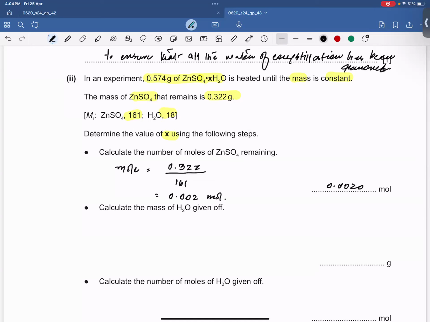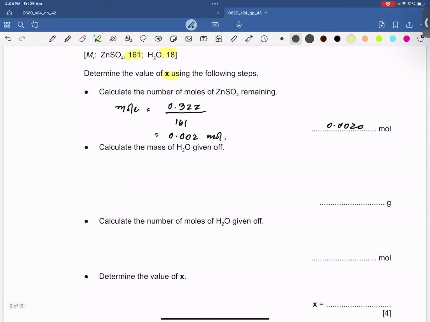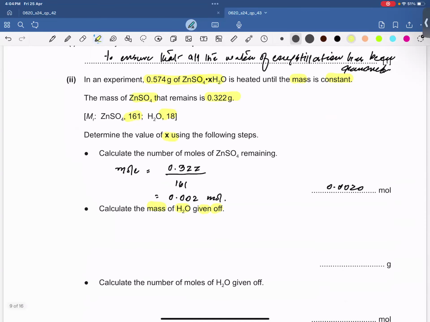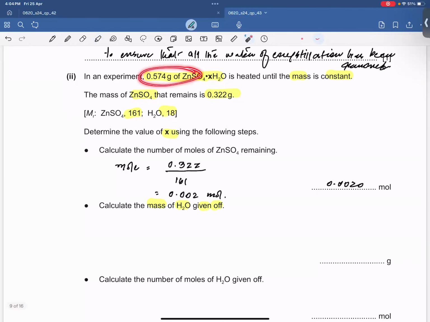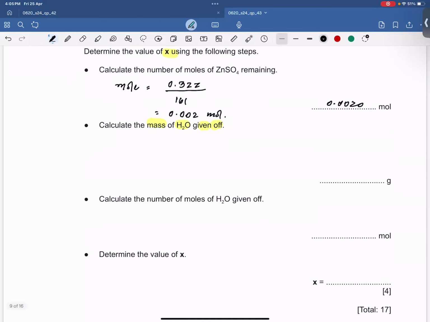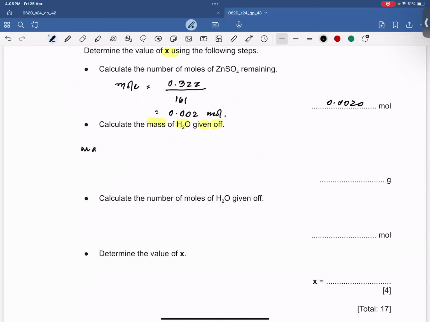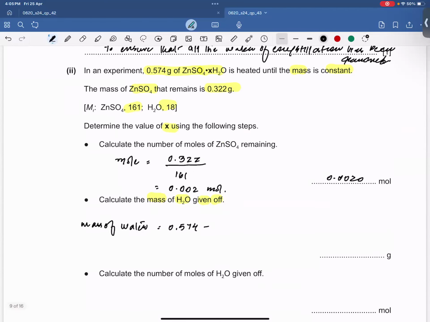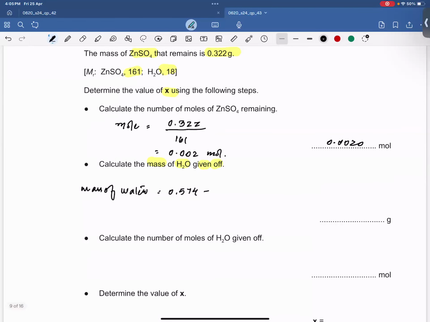Okay, the mass of water is given off. The sample mass is given. The mass of zinc sulfate is given. If you subtract these two values, you will get the mass lost, or mass of water. So it is 0.574 minus 0.322, so it's going to be 0.252 gram.